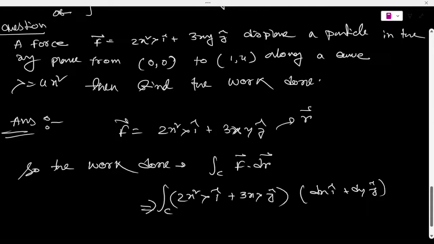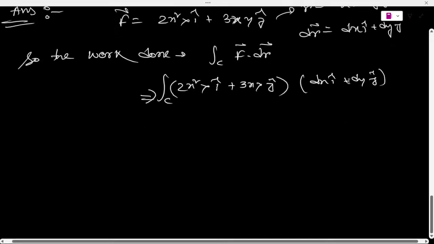So dr is equal to dx i cap plus dy j cap. That is how the work done is written.